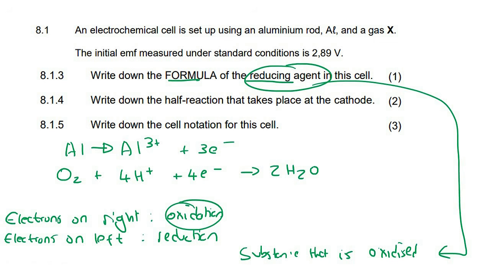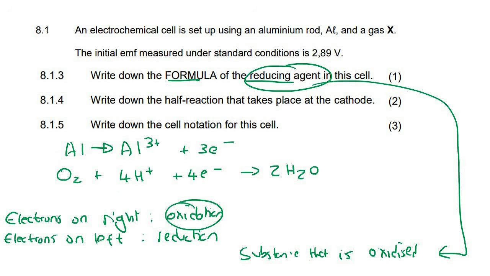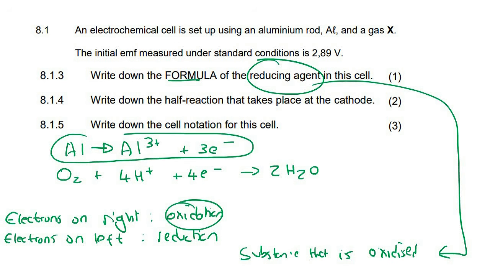Okay, so how do we know which one is the reducing agent? You always look at your reactants. Your reactants are these ones, not the electrons, these ones. It's always the things before the arrow. Those are your reactants. So we said the reducing agent is the substance that is oxidized. So we go to the oxidation reaction, and this over here is going to be our reducing agent.